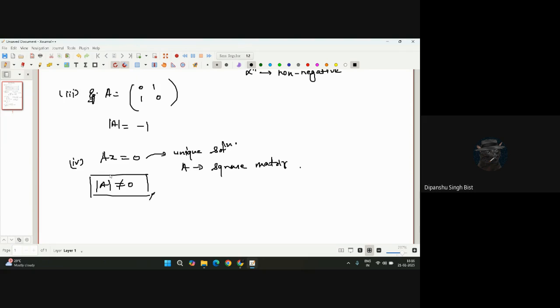Okay, because if in the system Ax equal to 0, A is a square matrix, then a unique solution is possible only if the determinant of A is non-zero. That means A inverse exists. Let's say it is Ax equal to B, and I'm using Cramer's rule here to deduce this.